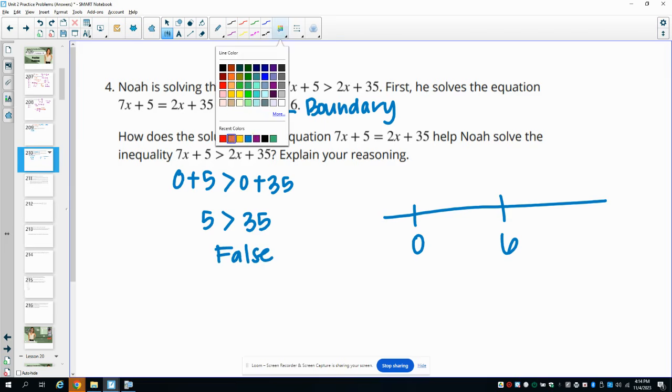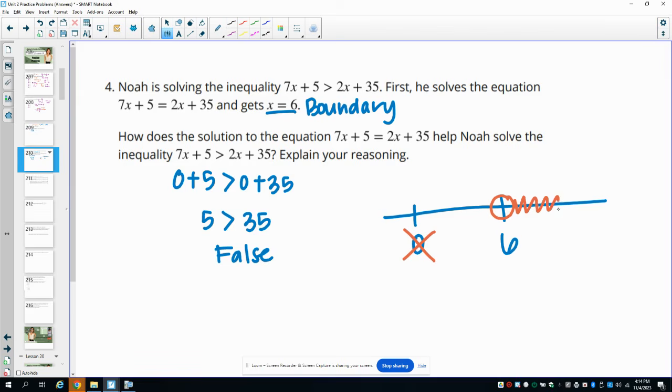So we know that 0 is not part of our solution set. That means the numbers bigger than 6 are the ones in our solution set. So x is greater than 6. We don't choose equal to because we don't want the two sides to be equal to each other. This is just saying we want the left to be greater than the right.